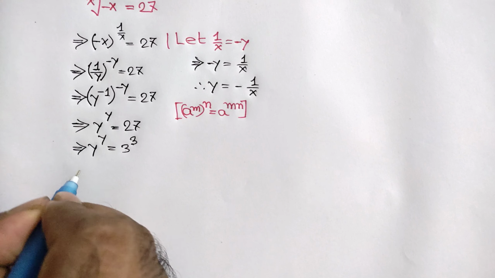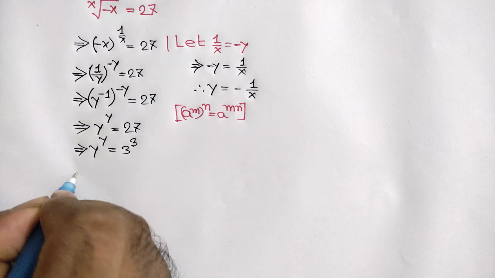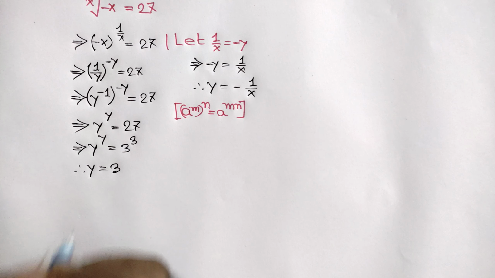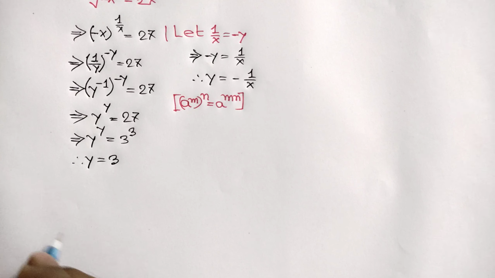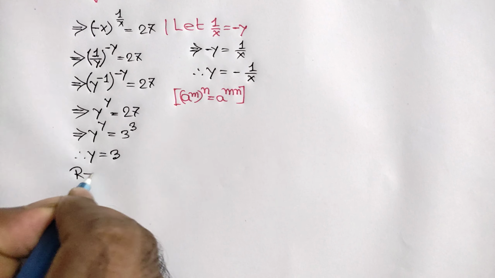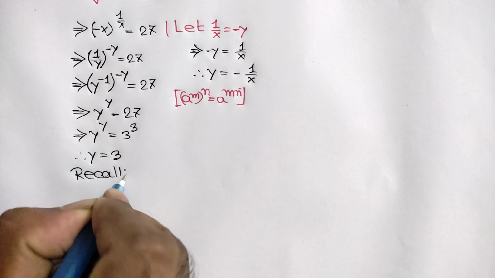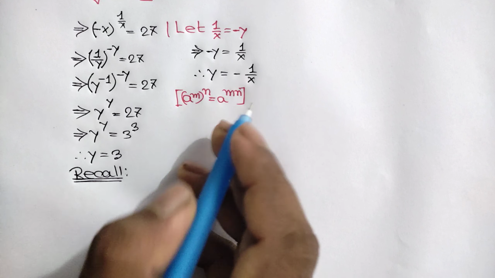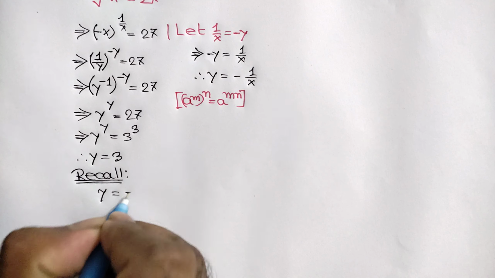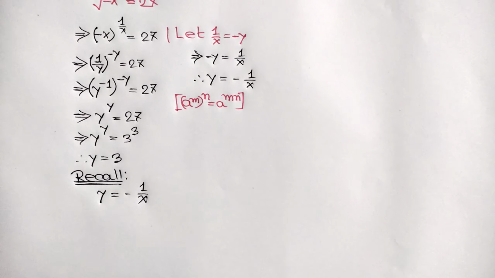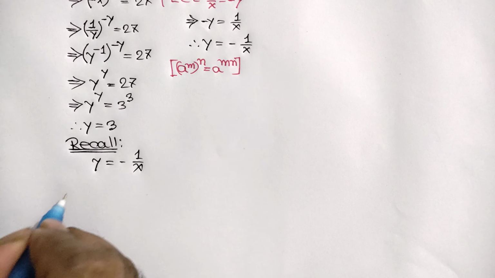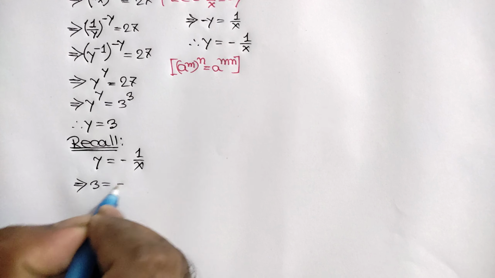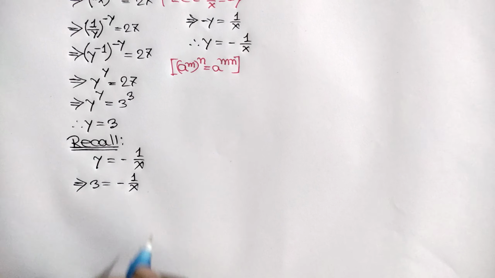Now comparing both sides, we get the value of y is equal to 3. Now recall y is equal to negative 1 over x, and y is equal to 3, so we can write 3 is equal to negative 1 over x.